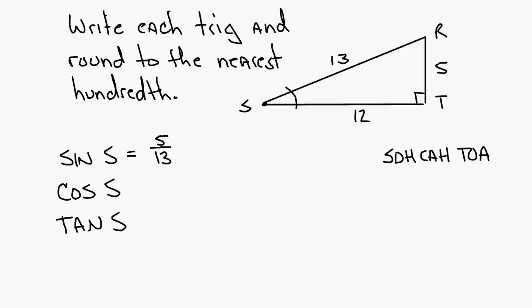So sine equals 5 over 13. In your calculator, you can set it to second fix 2, so it'll round everything to the nearest hundredth, and then take 5 and divide it by 13. 0.38.